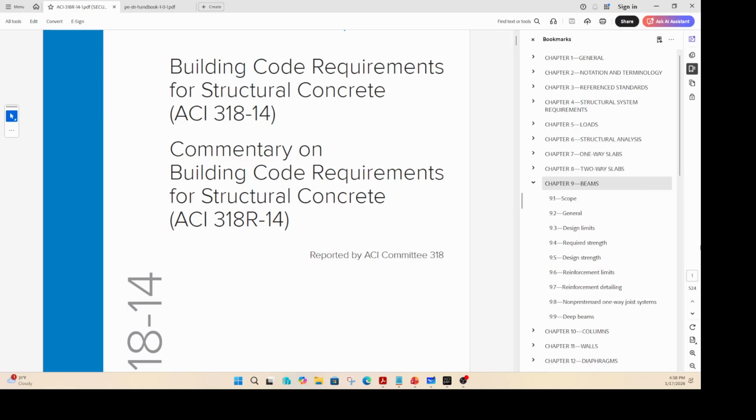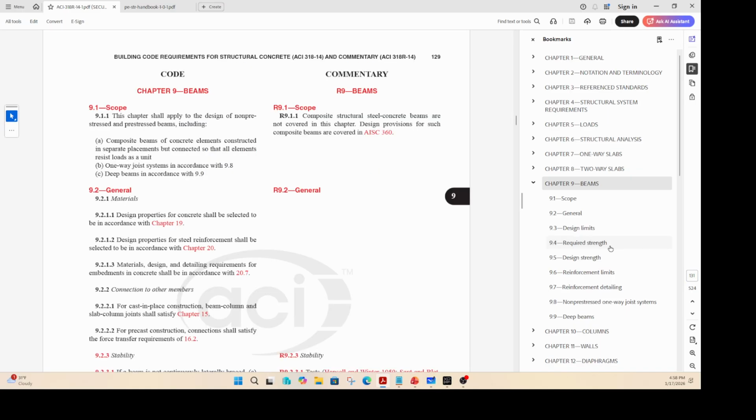Chapter 9 starts from page 131. I don't have a bookmarked copy. Okay, so this is chapter 9. It caters to these three things. It talks about composite beams, which are concrete elements constructed in separate placements but connected so that all elements resist the load as a unit. So maybe you're doing a beam, and then later on you're coming and doing a slab, right?